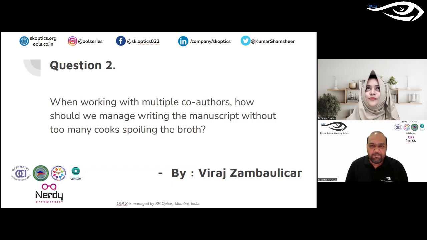The first point is, even if we have multiple authors on the list, it is very important to have a key author who will manage the entire preparation process, like the first draft of the manuscript, look into each suggestion given by the co-authors, and discuss with the corresponding author whether the comments are worth incorporating or not.